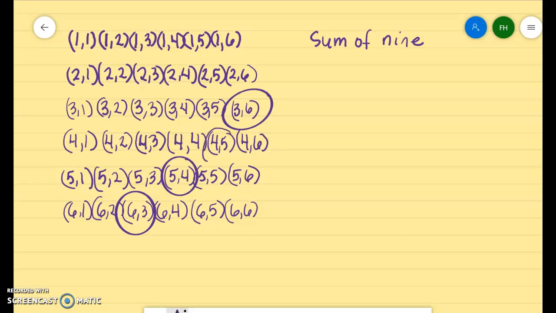Okay, so there's 4. So the probability of rolling a sum of 9 would be 4, and then we have 1, 2, 3, 4, 5, 6, 36 outcomes. So that would be 1/9 when you simplify it.